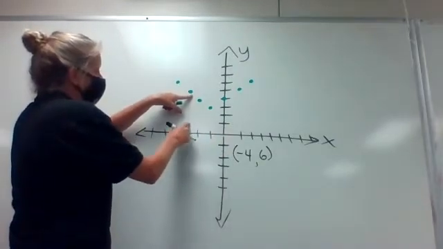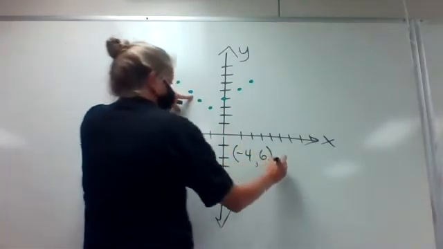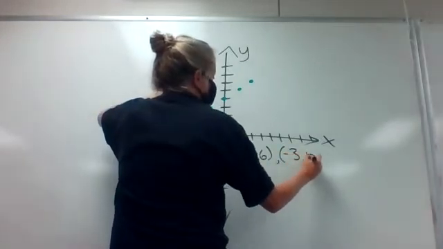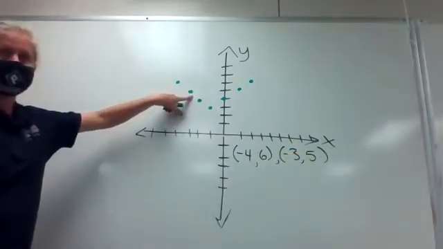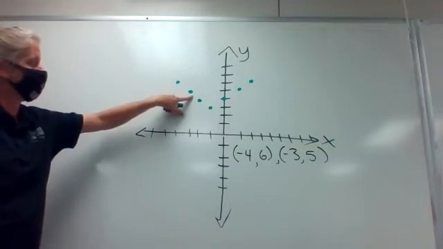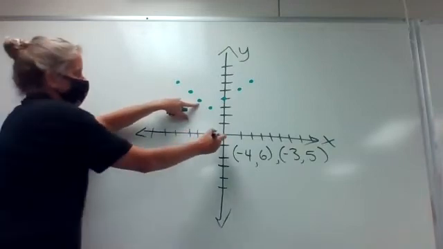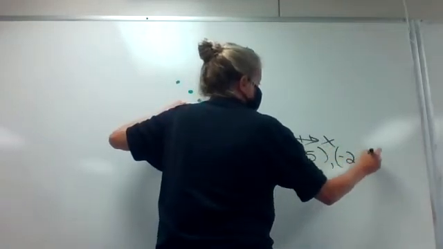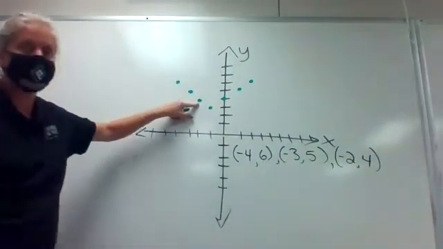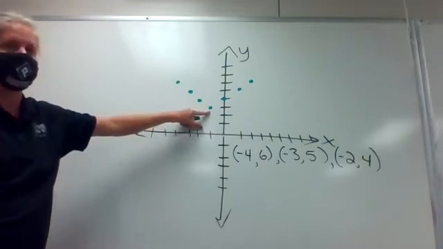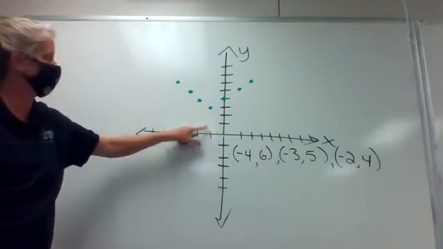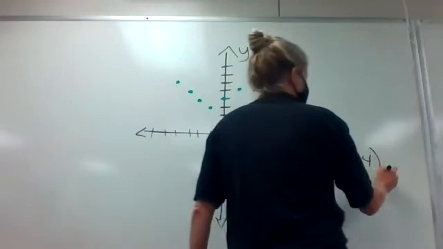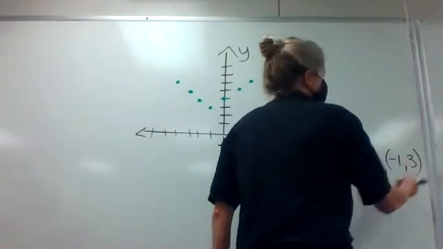Left 3, up 5. So that point is at -3, 5. This point, left 2, up 4. So -2, 4. This point, left 1, up 3. So -1, 3.